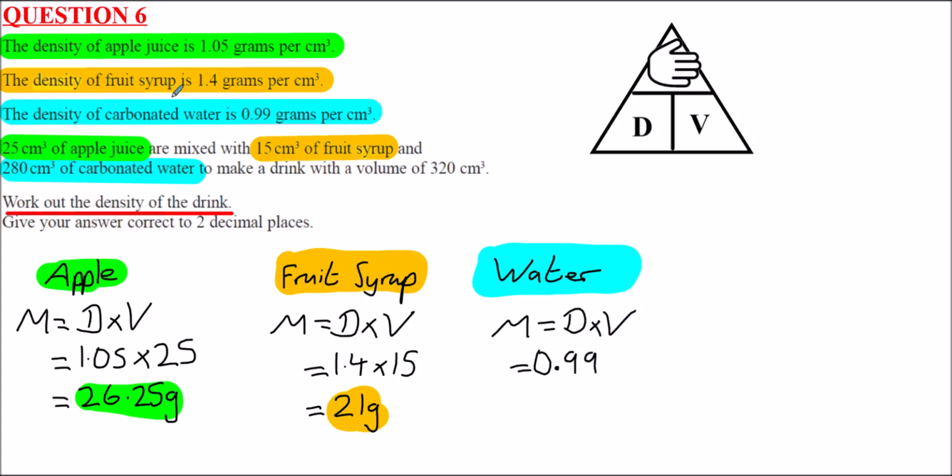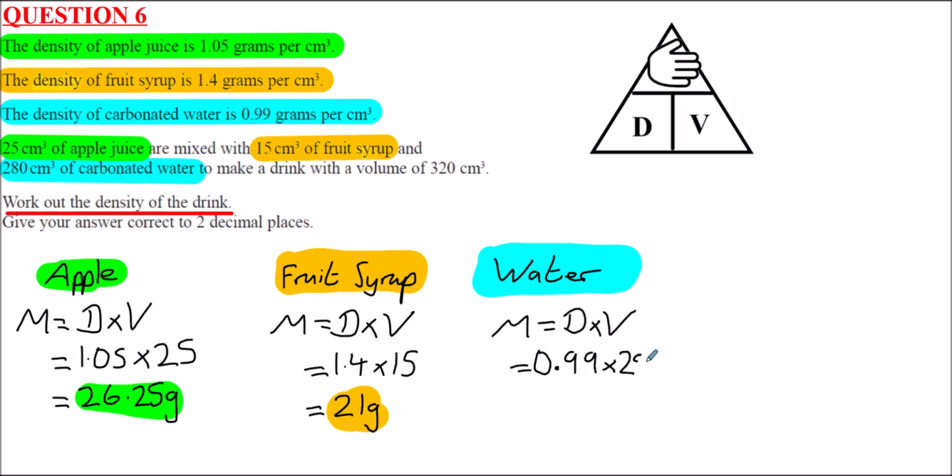So carbonated water means it's fizzed. So the gas is less dense than the water. So the tiny bit of gas which is in it is less dense. That lowers the density of it slightly from exactly 1 to 0.99. Interesting little factoid there for you, or maybe it's not interesting at all. You make that conclusion. And the volume of the water is 280.